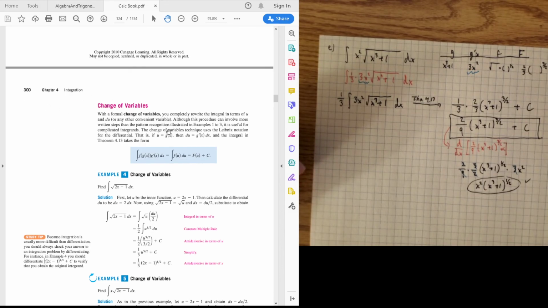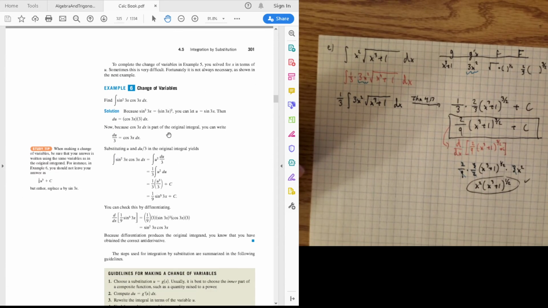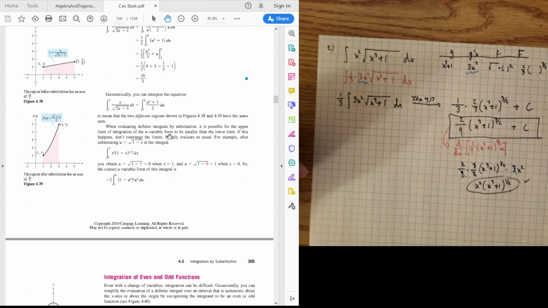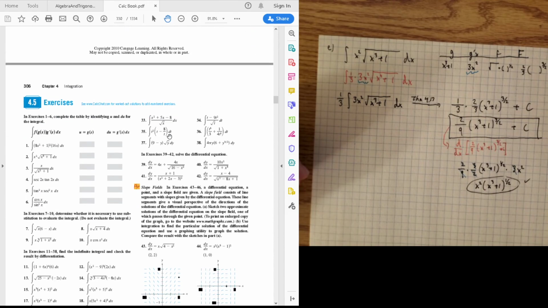For now, I'm going to go ahead and put a stop. It's Friday. Let's have a shorter day. And let's look at our homework assignment for tonight. We will be picking up when we have the full change of variables with U substitution.